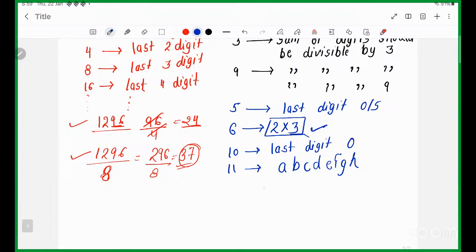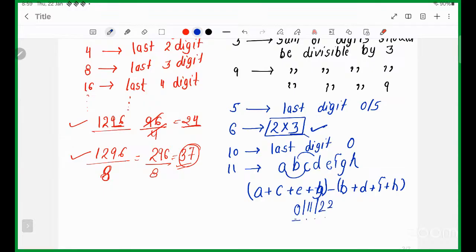I will add A plus C, the alternate numbers, plus E plus G, and will subtract the rest of the alternate digits, B plus D plus F plus H. If after subtracting, my answer or the remainder is 0 or 11 or 22, then this number will be divisible by 11. Otherwise, it will not be divisible by 11.